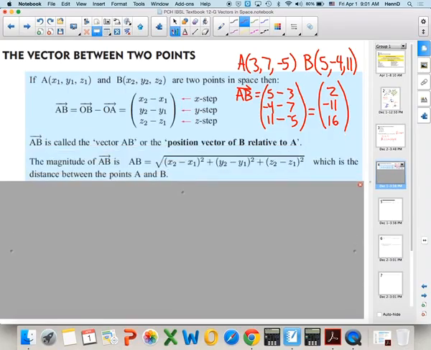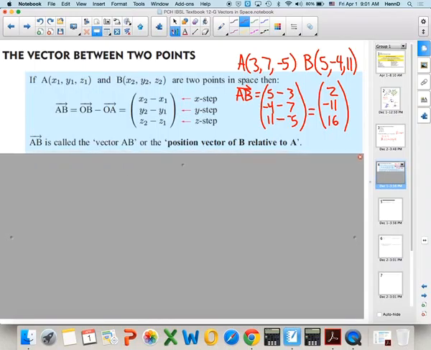Okay? Now, again, make sure you're aware of this term. Position vector is one of our vocabulary words. Okay? But here we have the position vector of B relative to where A is. That's what vector AB is. Okay? One other thing. What would vector BA be?